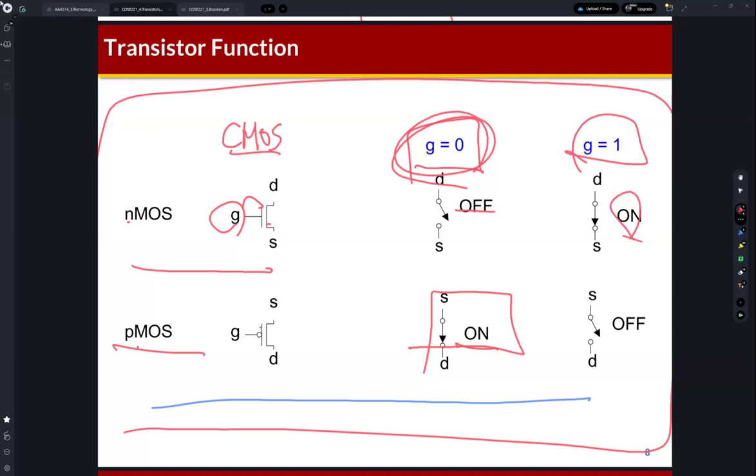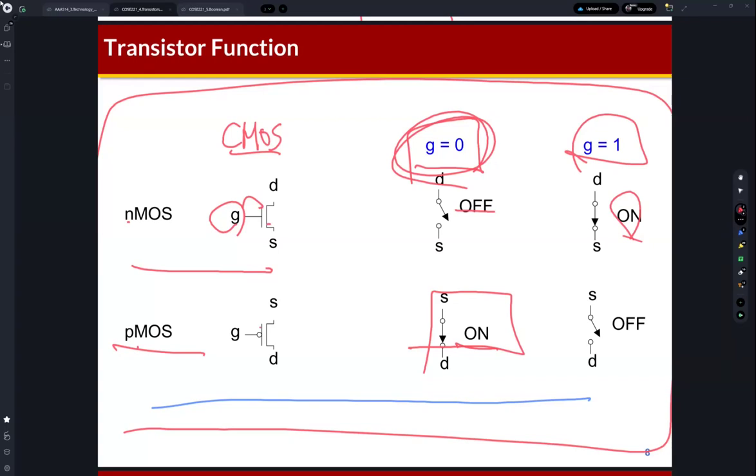Okay, so I will record today's lecture. What we learned in the previous class was how to build basic logic gates using transistors. The behavior of a transistor is a little bit tricky to understand, and we would need to analyze the real behavior of transistors in an analog manner.